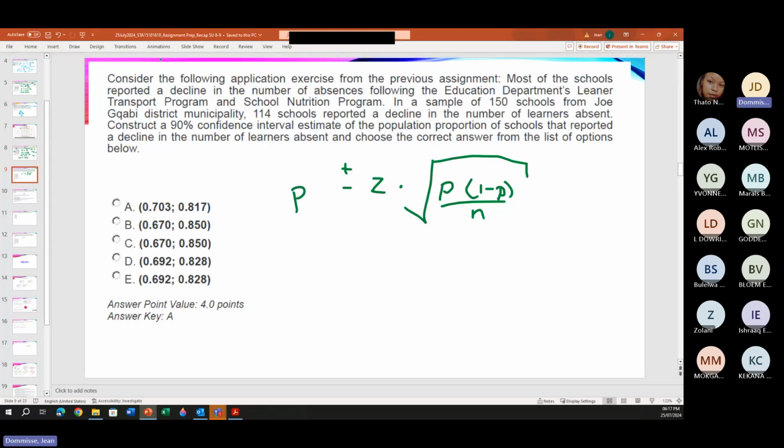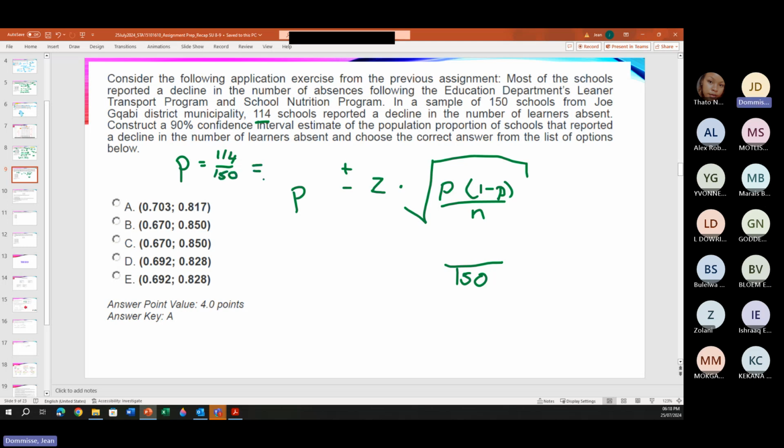Okay, so let's see. Consider the following application exercise from a previous assignment. Most of the schools reported a decline in the number of absences following the education department learner transport program. In the sample of 150 from Joe Barber District Municipality, 114 schools reported a decline. So first the proportion will be 114 divided by 150.